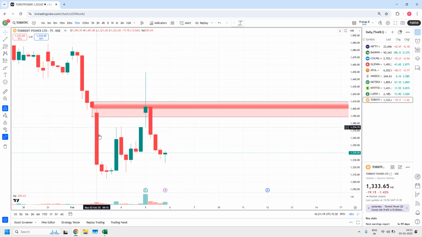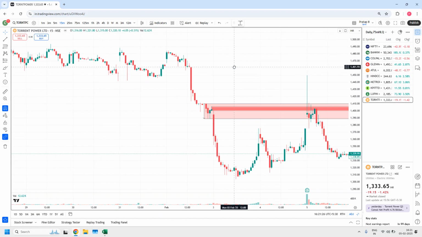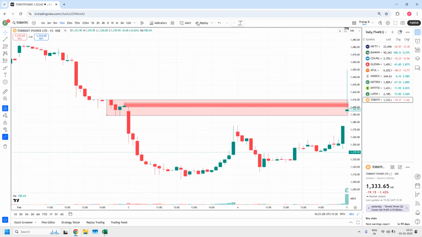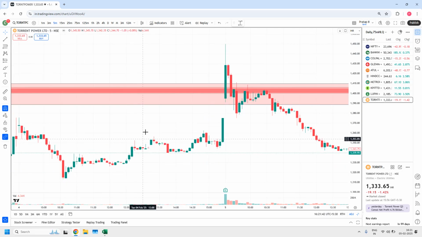This is drop, base, drop. And this we fine-tuned with the 15-minute time frame. Rally, base, drop. You can use this failed ERC candle as a rally. You can use this as a base and drop. And within this area again fine-tuned with the 5-minute time frame.